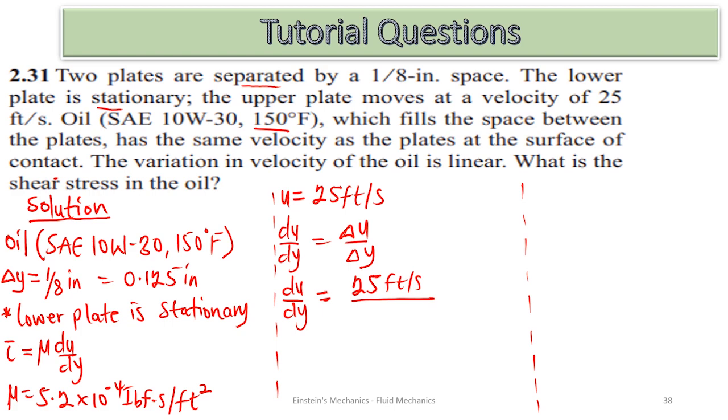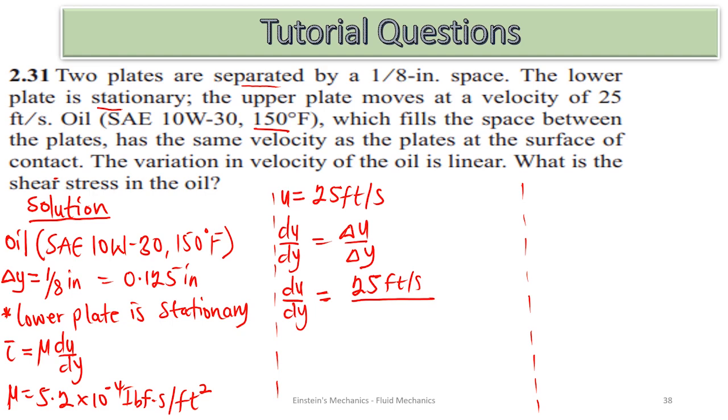Check the unit. You can see that the unit for the viscosity is per feet square. The unit for the velocity is feet per second, but the distance between the plates is in inches. So we have to convert the inches to what? Feet. And to convert inch to feet, you have to divide by 12.